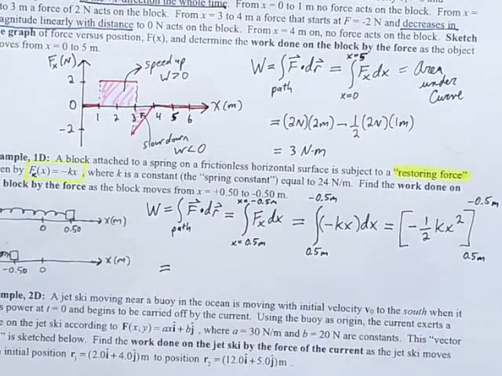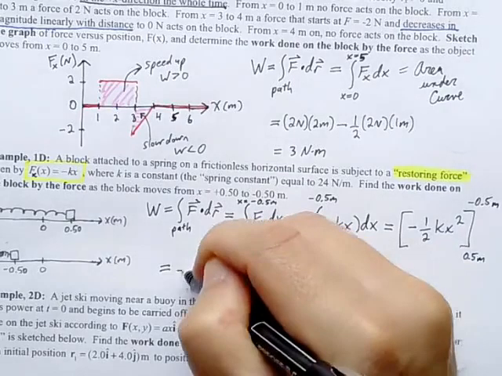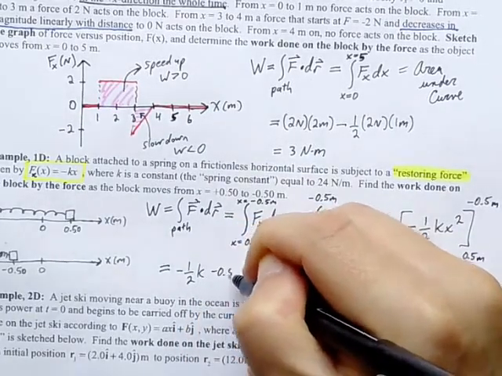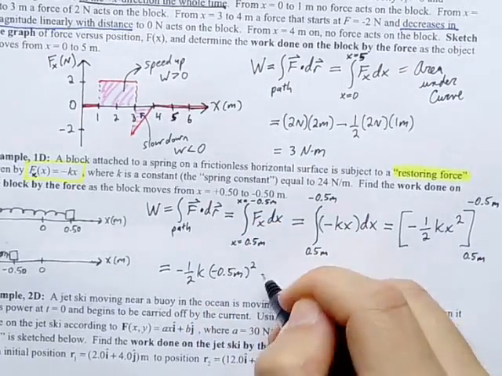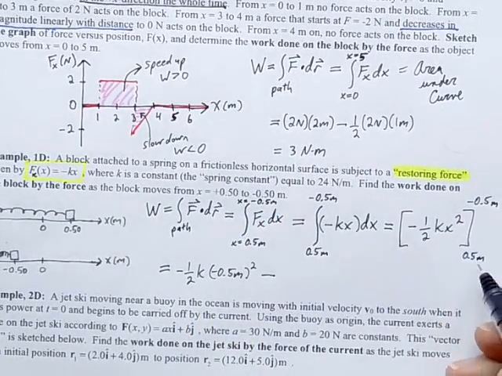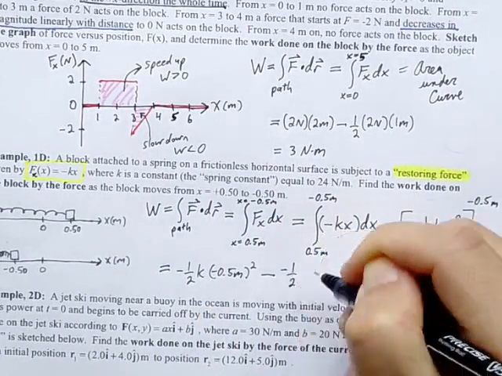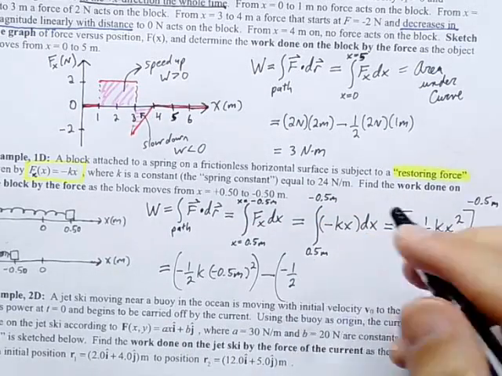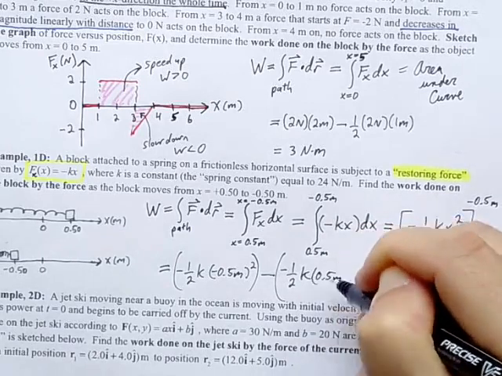Okay, continuing to evaluate that integral. Plug in negative 0.5 meters for x, and we'll get negative 1/2 times k times negative 0.5 meters squared, minus this same thing evaluated with x equals 0.5 meters. So this is the antiderivative evaluated at negative 0.5 minus the same antiderivative evaluated at x equals 0.5 meters.